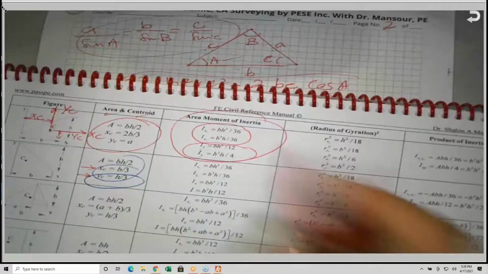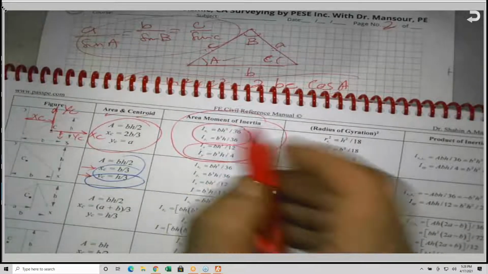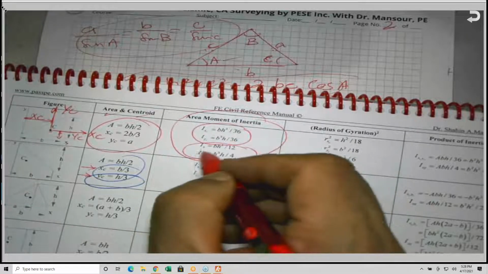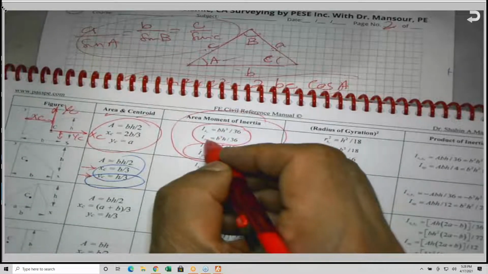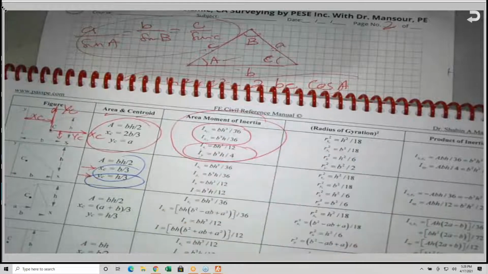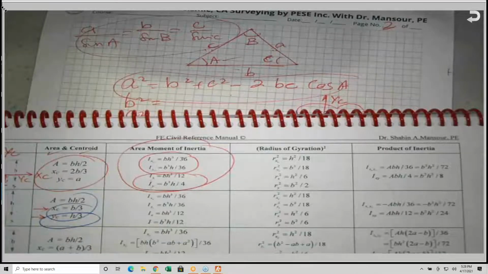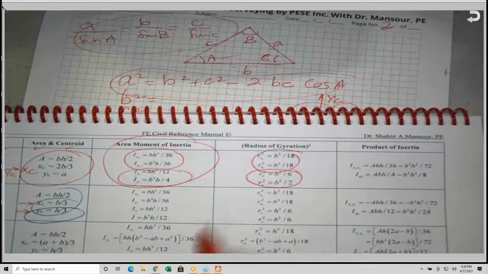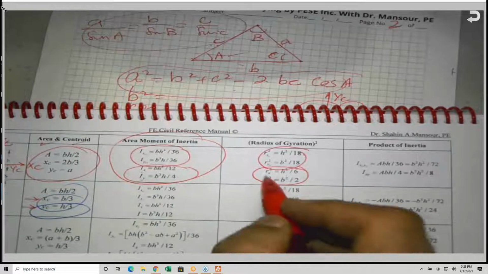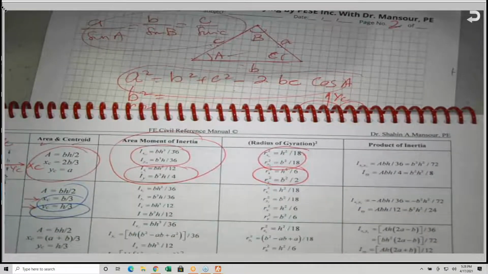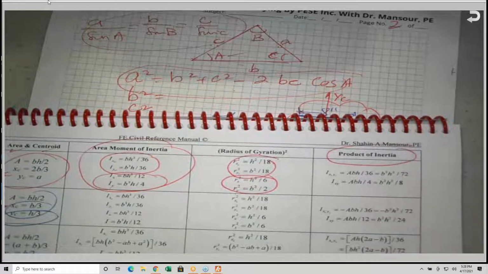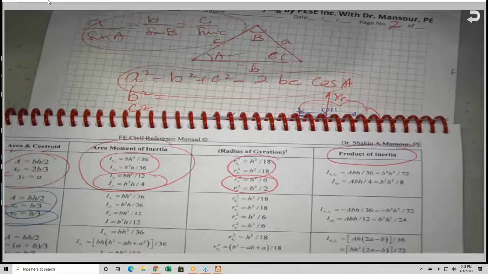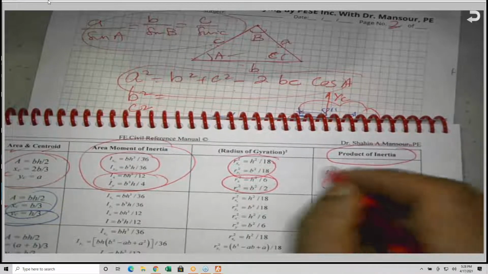This way you'll find under the moment of inertia for the area, you have two values, one under the XC and YC, and one under IX and IY. You have to be careful about that. And the same story with the radius of gyration, the RX, RY, and the RXC and the RYC, as we're going to see. And after that, we have something called the product of inertia, which is IXY or IXC and IYC.